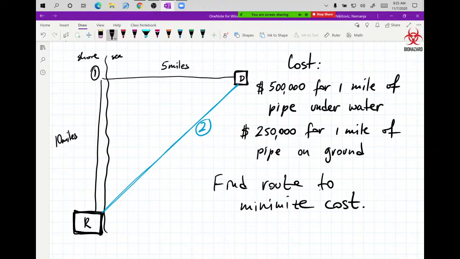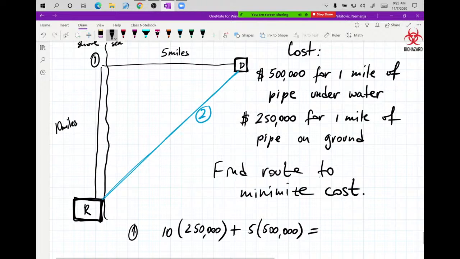Now, the black route, very simple. You have 10 miles of pipe on the ground, so 10 miles times $250,000, plus 5 miles at $500,000, and that gives you the cost for the black path, path number 1.